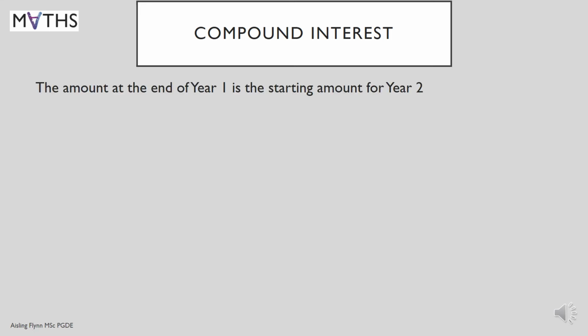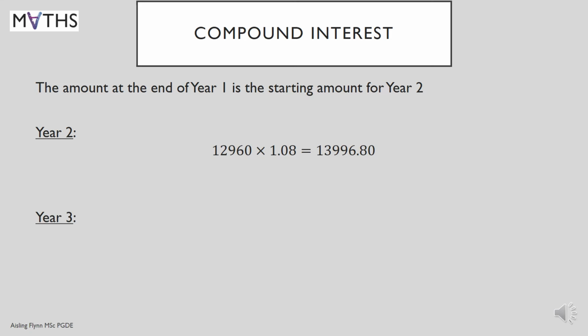The amount at the end of year 1 is the starting amount for year 2. So in year 2, you start with 12,960 and multiply by 108% and we get 13,996.80. For money, we'll always use 2 decimal places. That accounts for the cent.